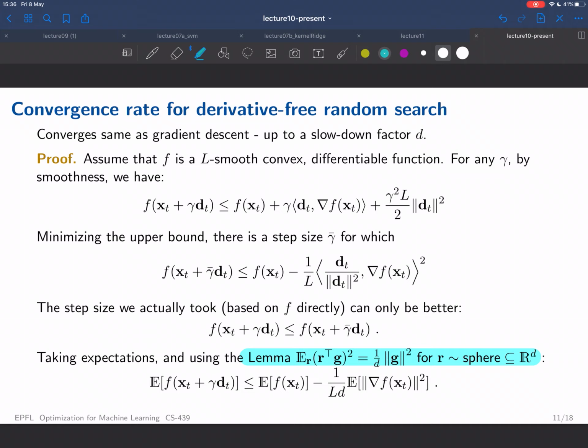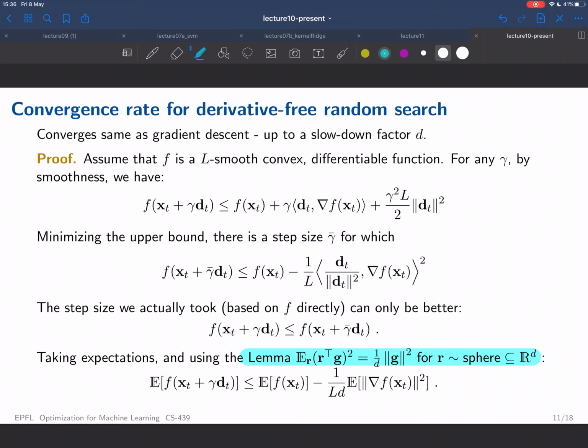If we have that little lemma, then we can easily finish our proof, and here it is. This allows us to go from this quantity, which is a bit strange, a random direction aligned with our gradient, and we ask how much that random direction is aligned with the gradient squared, and that's what we have in the lemma here, so that is correct.